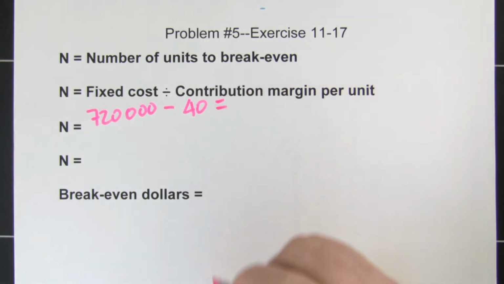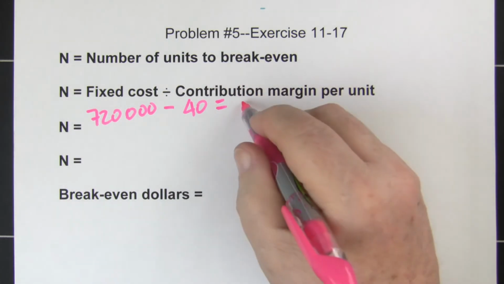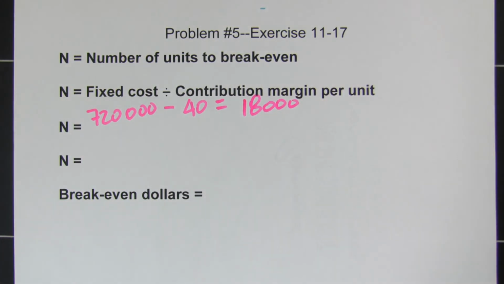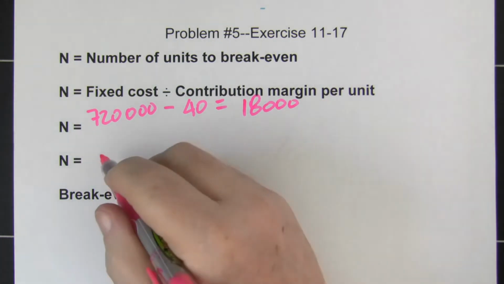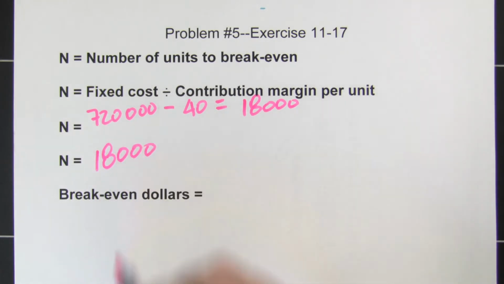And when we do that, we discover that we have to sell 18,000 units to break even. So when we sell 18,000 units, the 18,001st unit is money in my pocket.